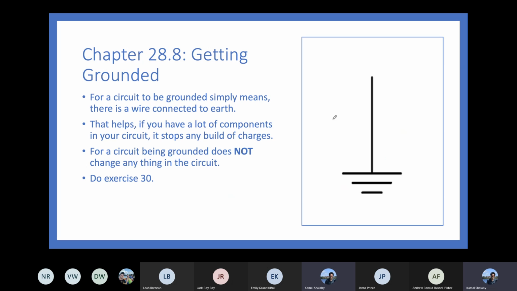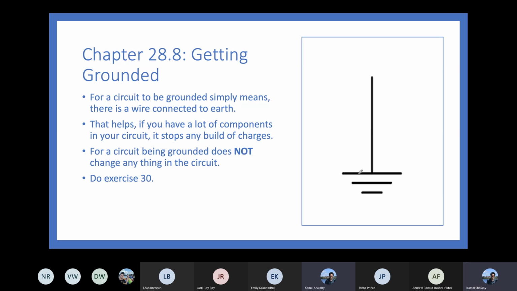We then go to getting grounded and what the grounded part is in any circuit. Usually in the beginning, it's not really clear why we need grounding.